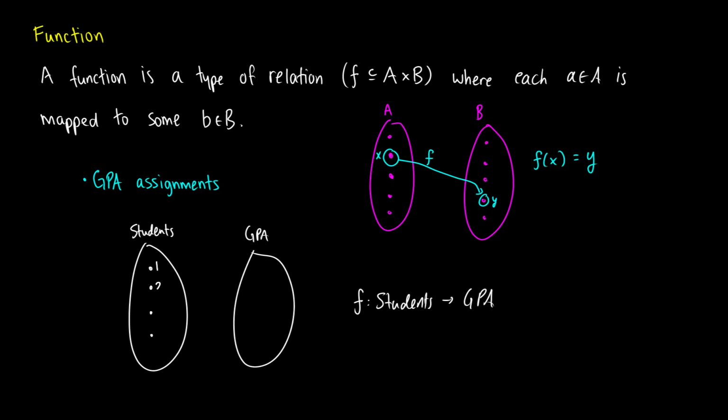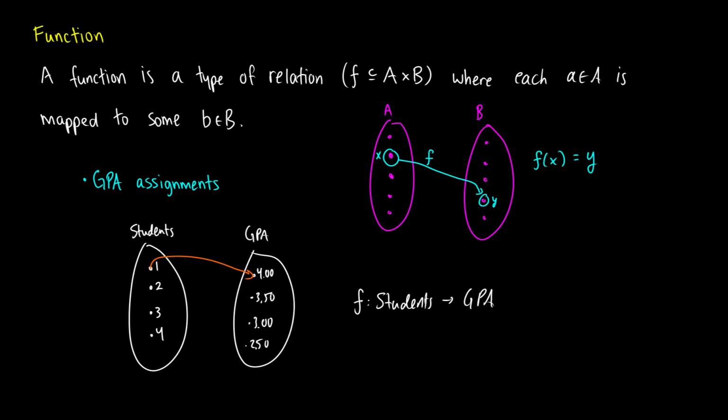So I'm just going to label these students as 1, 2, 3, and 4. And let's say there's different GPAs. So we have 4.00, we have 3.50, we have 3.00, 2.50, and we could just keep going on. We'll just use these for examples. So we can have a function that says, okay, for each student we have, what GPA do we get? So student 1 has a GPA of 4.00.